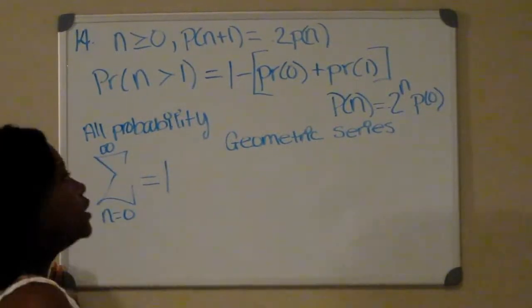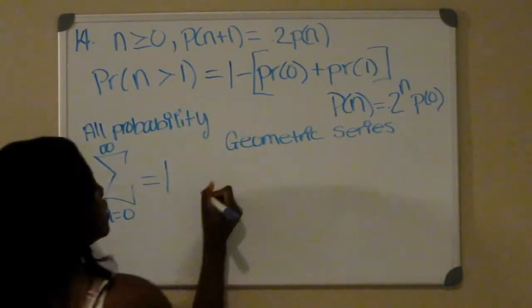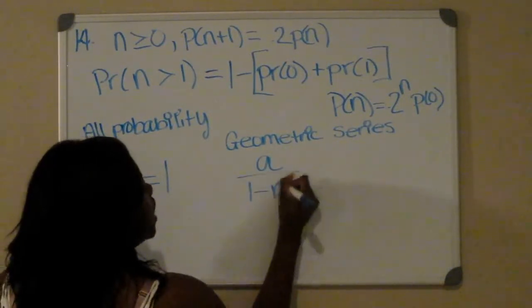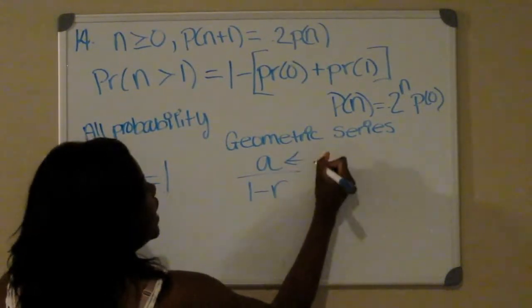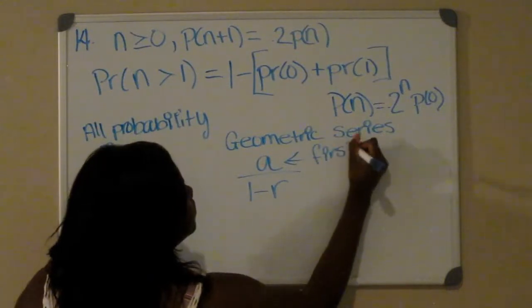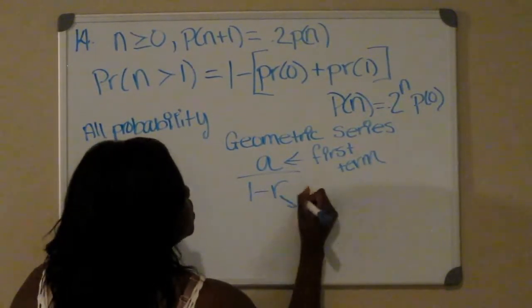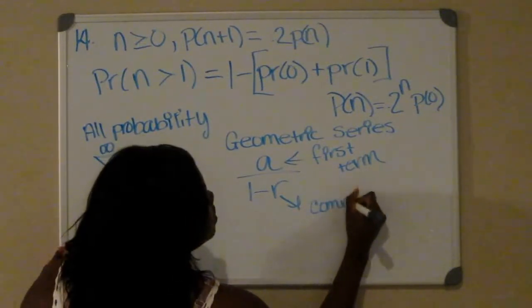To which the sum is a over 1 minus r, where a equals the first term and r equals the common ratio.